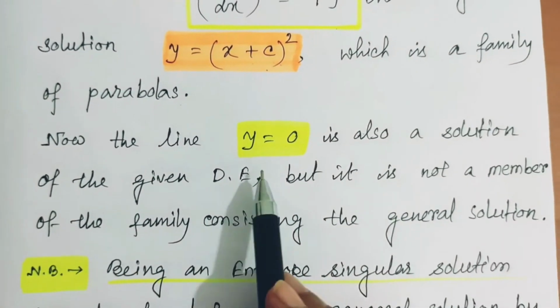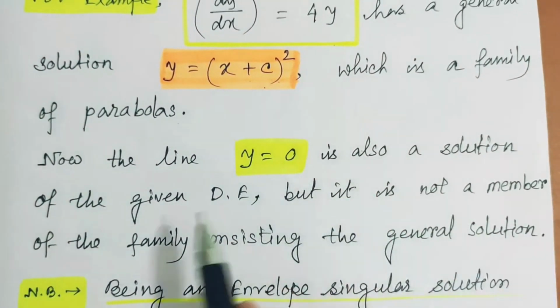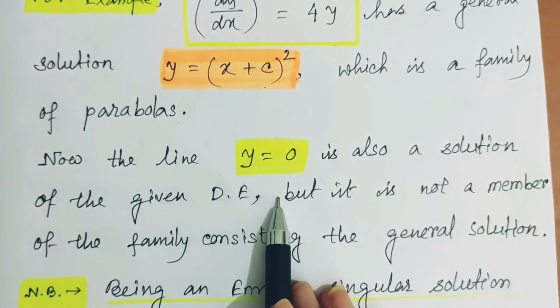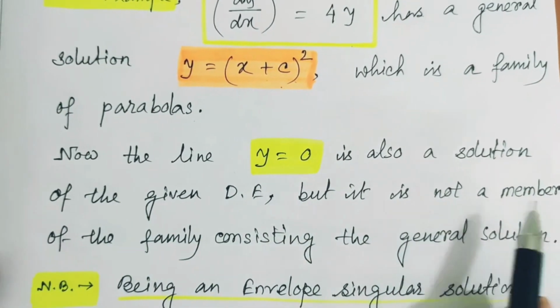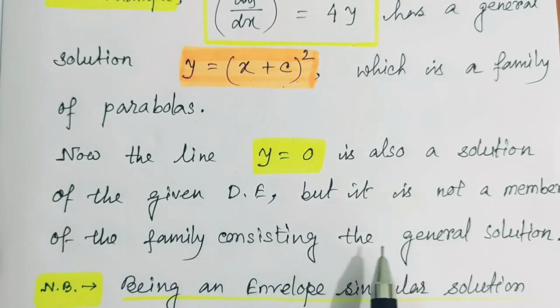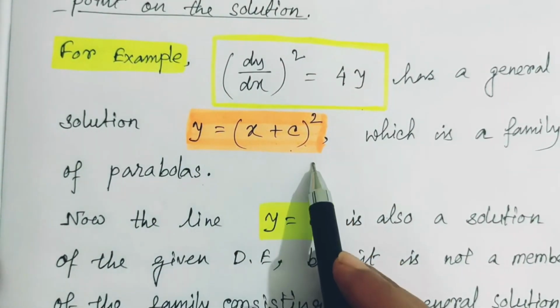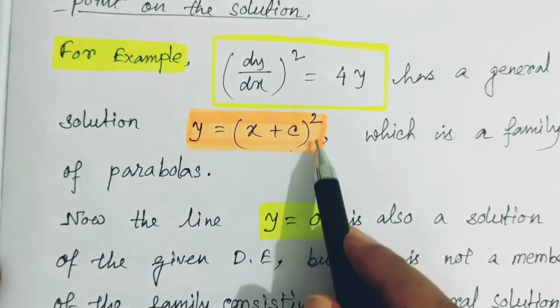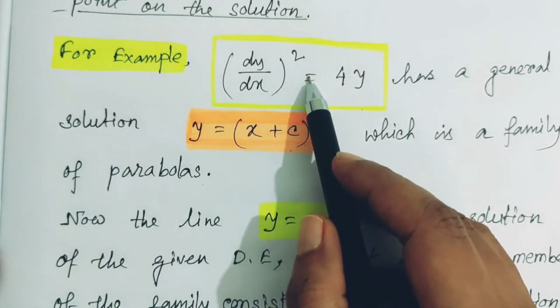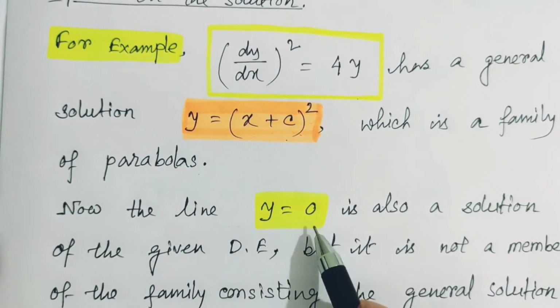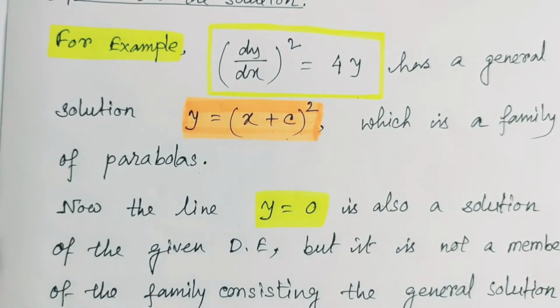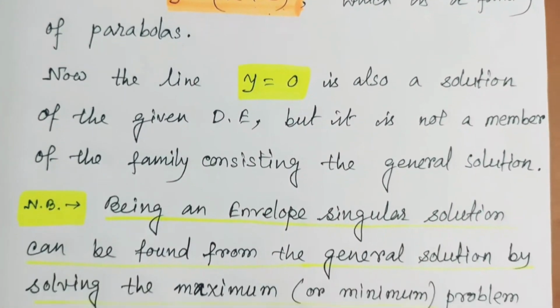Now the line y = 0 is also a solution of the given differential equation, but it is not a member of the family consisting of the general solution. We shall never find y = 0 from here, but it is a solution for this differential equation, and this one is called the singular solution. But how do we find it?